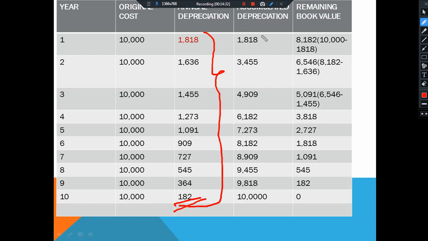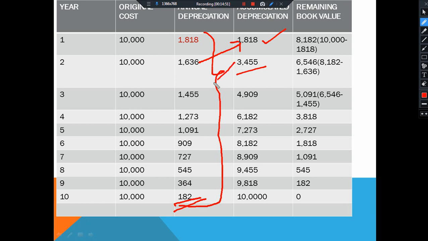The accumulated depreciation, if we consider here, after 1 year 1818, after that 3455. How is this coming? 1636 added to this value. Okay, 1818, 3455.